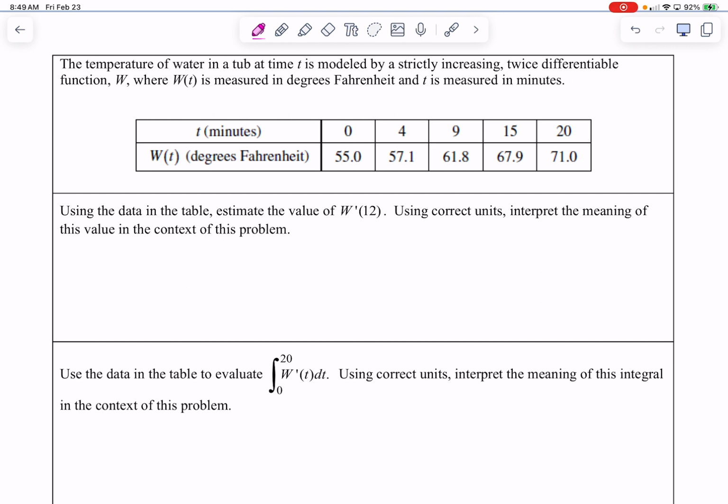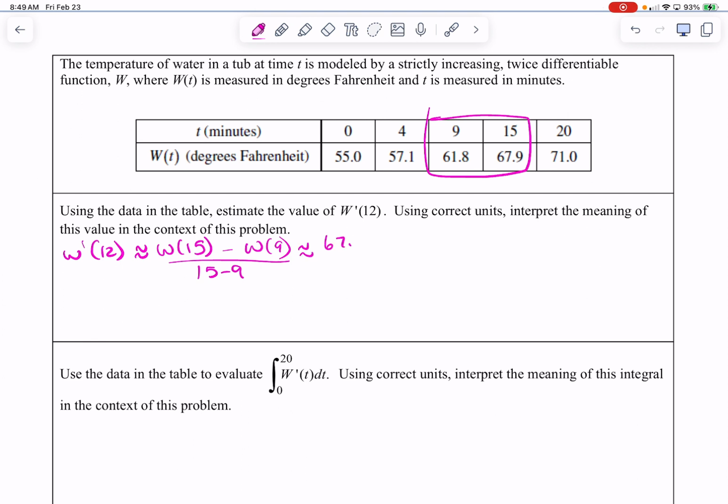How would we do that? The rate from 9 to 15. Yeah, the rate from 9 to 15 or 15 to 9, that would help us. So W prime of 12 would be approximately equal to W of 15 minus W of 9 over 15 minus 9.